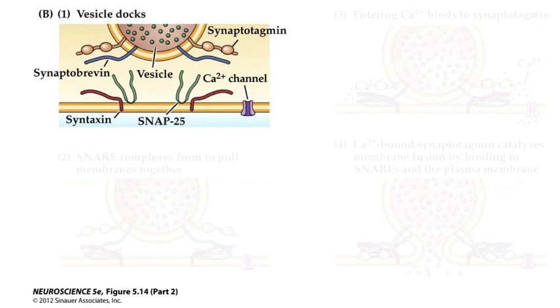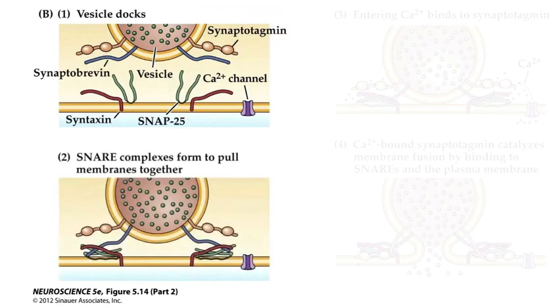So initially we have proteins affiliated with the vesicle membrane. We have synaptobrevin, SNAP25, and synaptotagmin. But not yet do we have significant depolarization arriving.